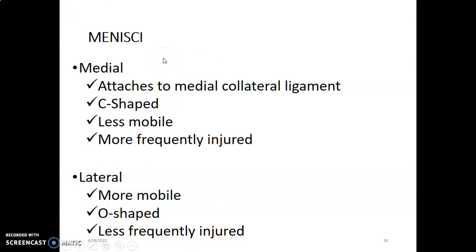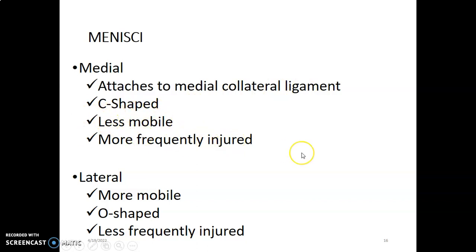So we have the menisci. Menisci are fibrocartilage located in the knee, and there are two, medial and lateral. What are the differences? The medial meniscus is usually attached onto the medial collateral ligament. It is C-shaped and it's less mobile. Therefore, it's more frequently injured.